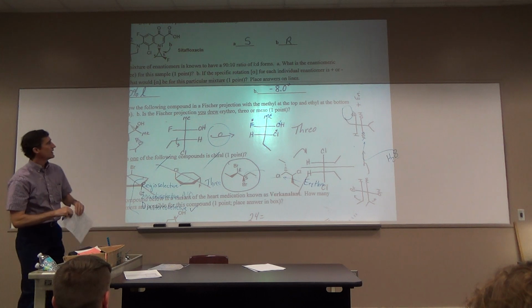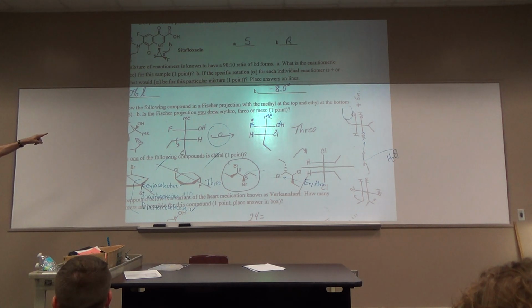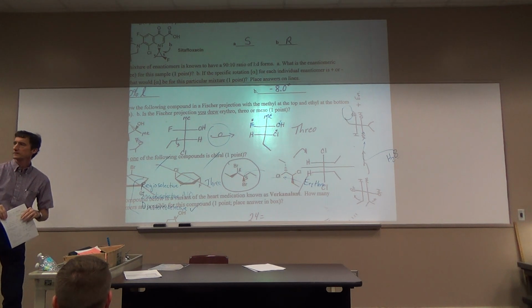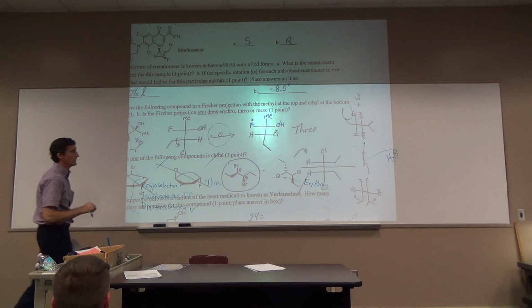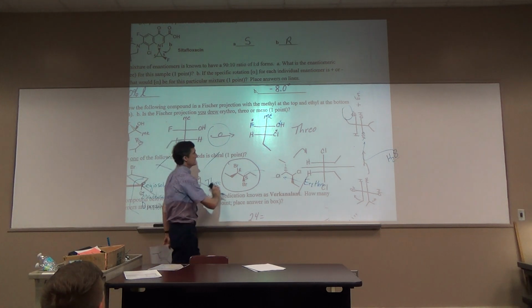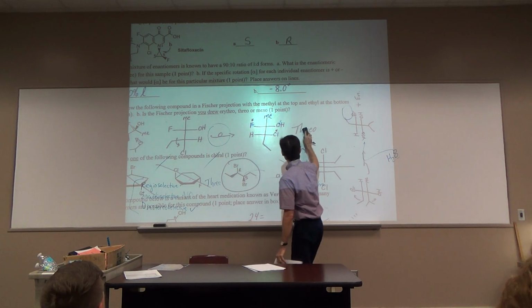But it's also because I told you to do it. Okay, there is some ambiguity with erythro and threo. That's why IUPAC has dismissed it, and there's new stuff now that's more specific. That's why I usually tell you exactly how to draw it and then tell me if it's erythro or threo. With methyl at top, F on the bottom, it is threo.